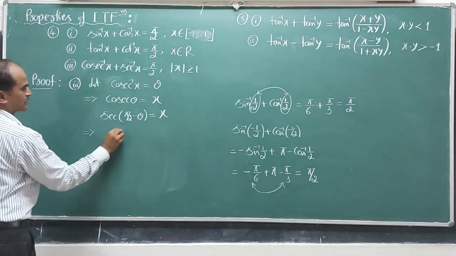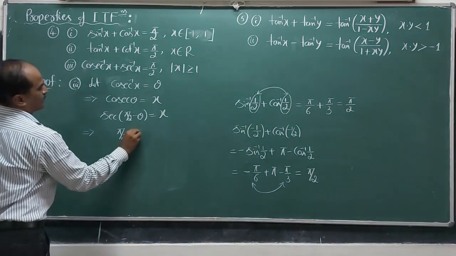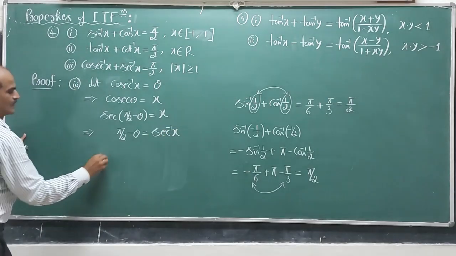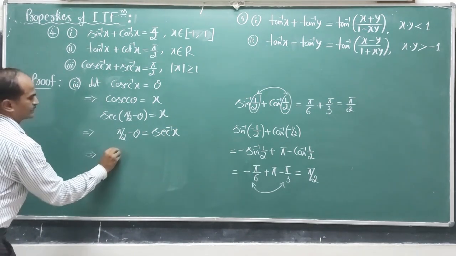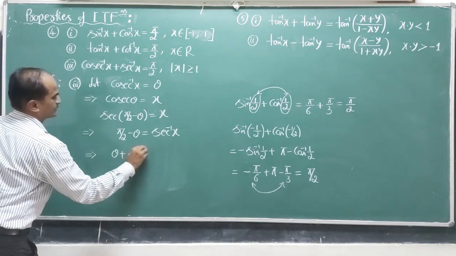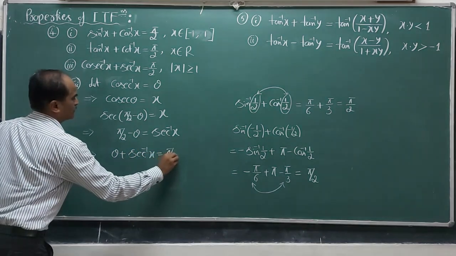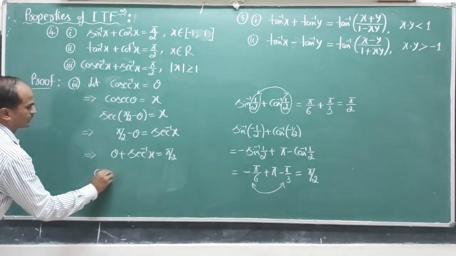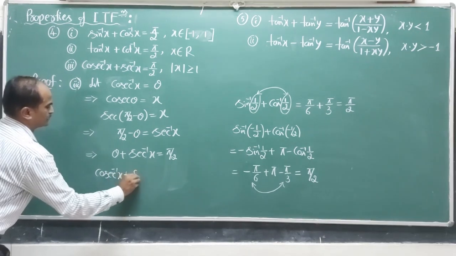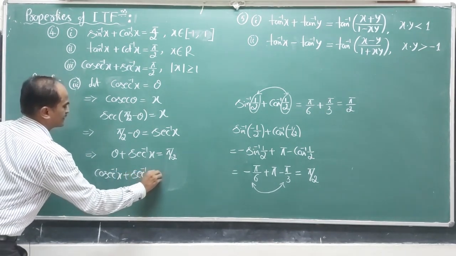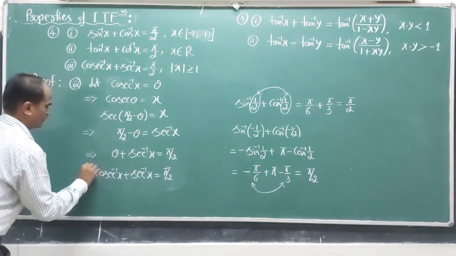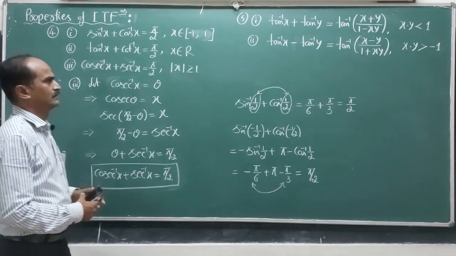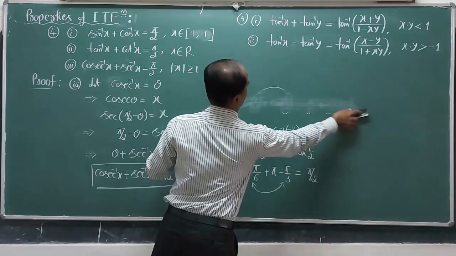Using inverse function now, pi by 2 minus theta is secant inverse x, that is theta plus secant inverse x is equal to pi by 2. I resubstitute theta, that is cosecant inverse x plus secant inverse x equal to pi by 2.